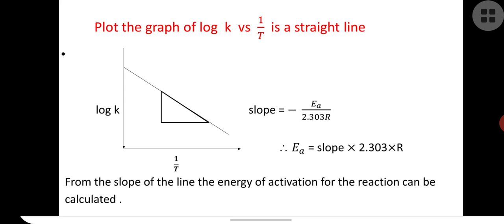In this case, the slope is equal to minus EA upon 2.303 R. Therefore, energy of activation EA is equal to slope into 2.303 into R. From the slope of the line, the energy of activation for the reaction can be calculated. It is one of the simplest methods to determine the energy of activation. It is called the graphical method.